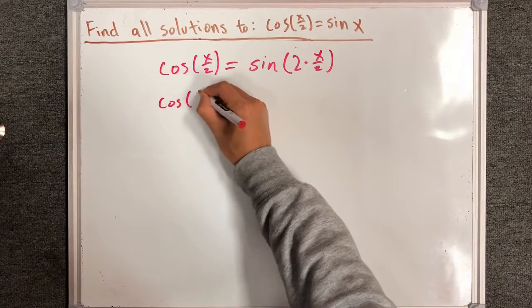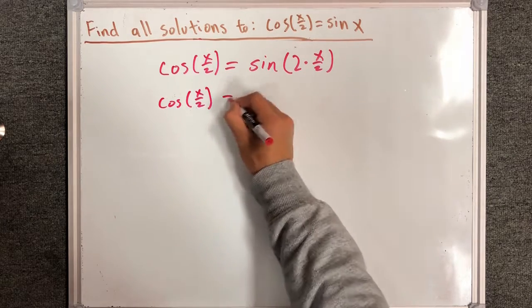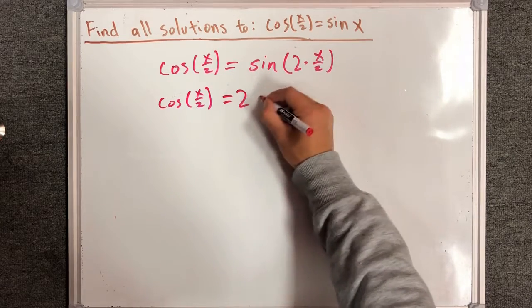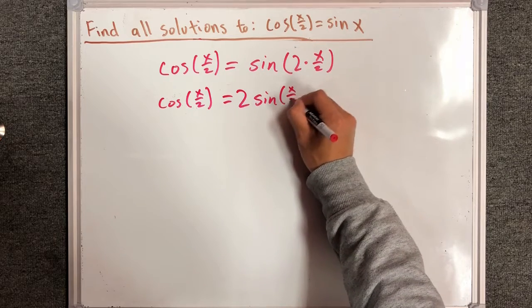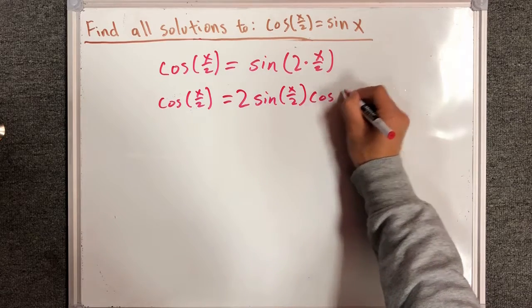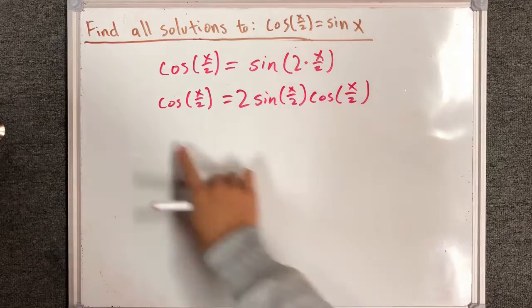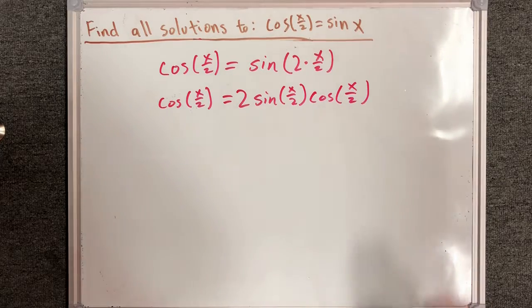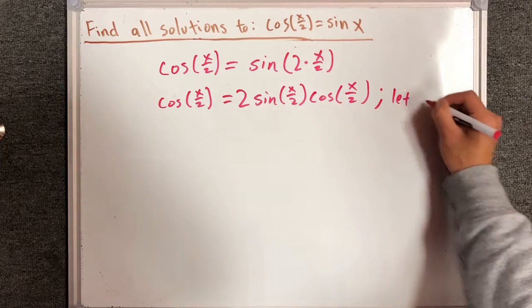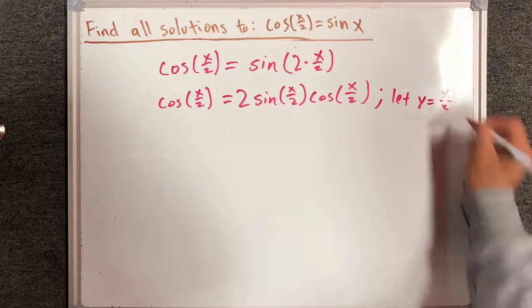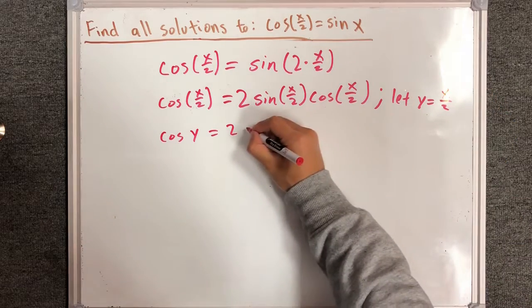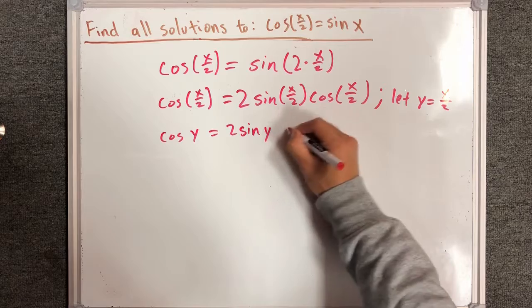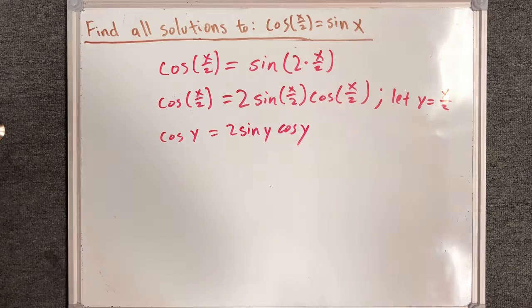So cosine of x over 2 will be equal to 2 sine of x over 2 cosine of x over 2. This x over 2 is kind of making me uncomfortable, so I'm going to let y equal x over 2. Cosine y equals 2 sine y cosine y.